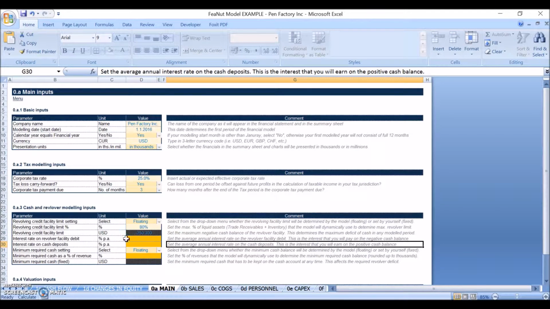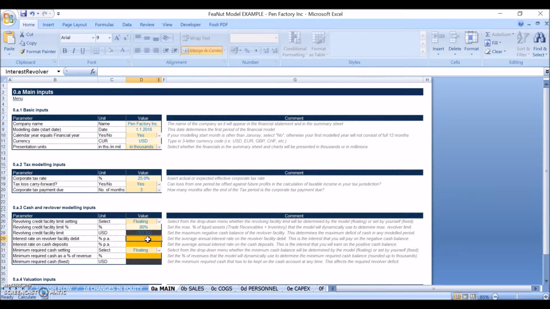The next thing that you can populate in here is the interest rate. And you can populate the interest rate that you will pay on any negative balance of your revolver credit facility and any interest rate on the positive cash balance on your bank account.